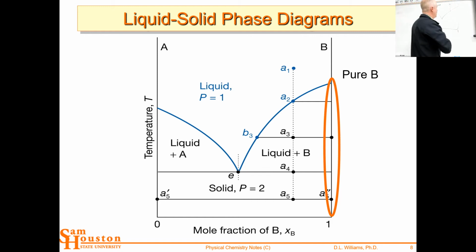Yeah, so if we had a little microscope and we're looking at this as we cool it down, at this point, we start to see a little grain of B form. And we have A liquid. Only A liquid or A and B liquid?